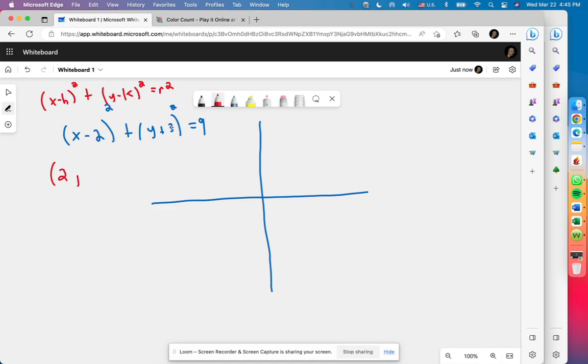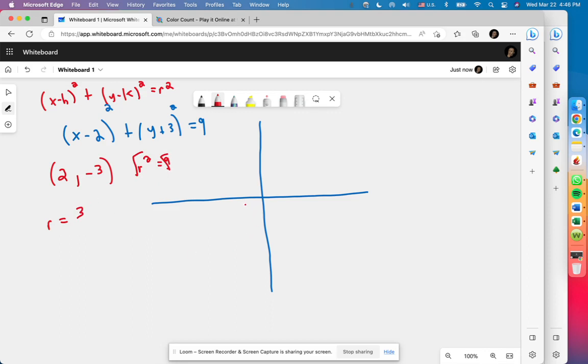K is the y coordinate. Notice this is minus k, so this k is going to be opposite, so it's going to be negative 3. That's my center. My radius: it says 9 is equal to r squared, so I take the square root of 9, and r is equal to 3.